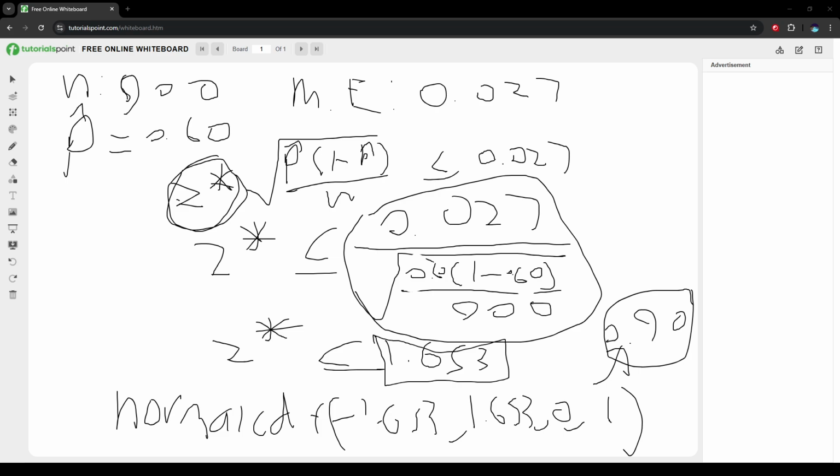Are you referring to normal CDF? Yes? So when you're using normal CDF, like I said, you're trying to calculate the area between one point and another. So you put your lower value, let's say something like 2, and then your upper, you put 5, for example. And then you put the mean of that normal distribution and then the standard deviation.